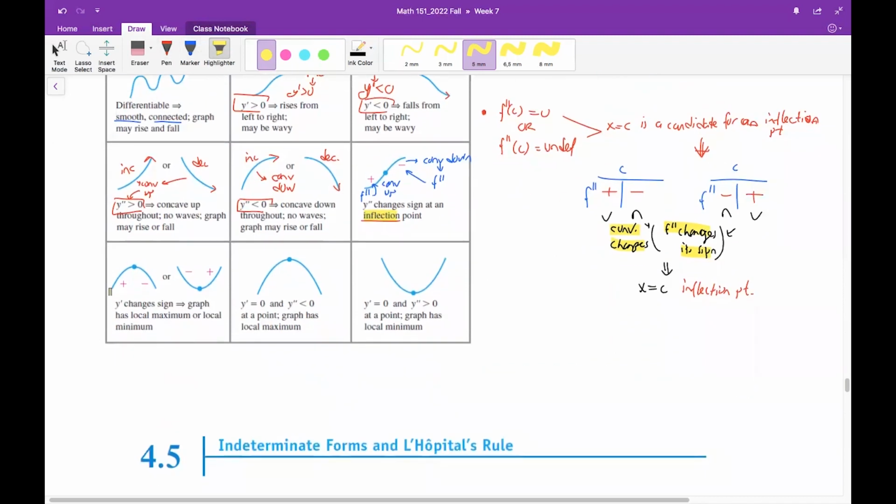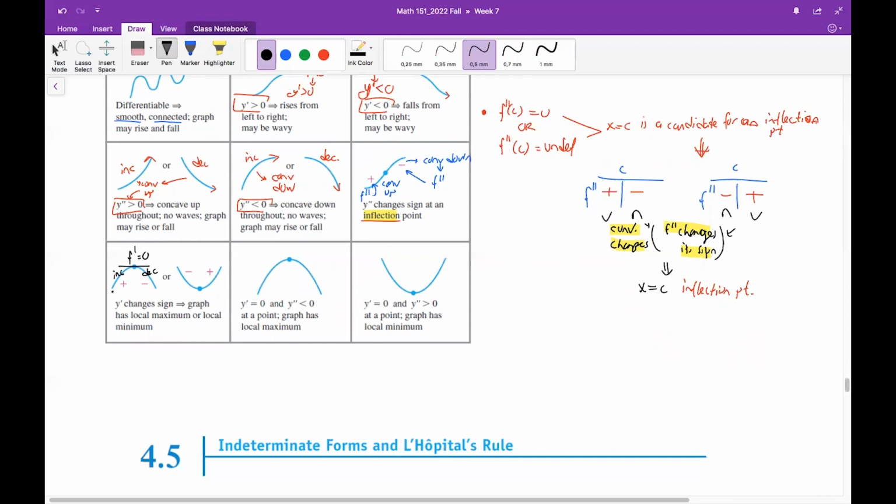Okay, next, look at this part. Over this graph, at this point, what do we have? We have a horizontal tangent, right? And horizontal tangent means that the first derivative is 0 there. And before this point, since your function is increasing, and after that point, your function starts decreasing.